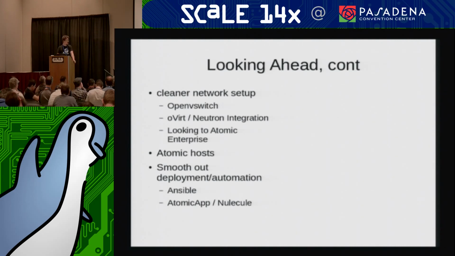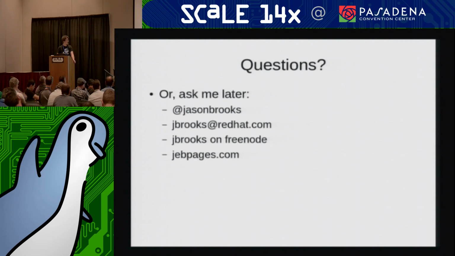It's one thing to set it up in my lab and get it working, but to share it with other people, that's the sort of thing that will help out quite a bit.